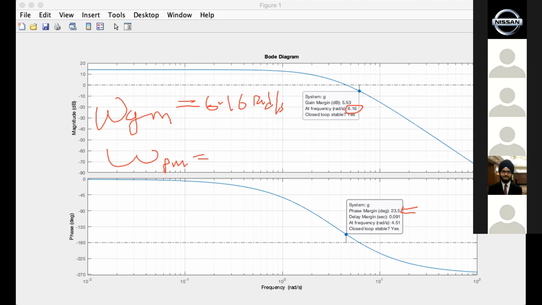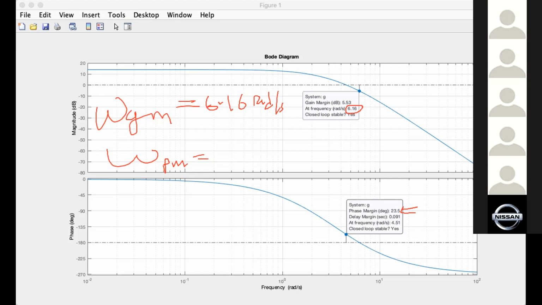Gain phase margin frequency. 6.61. Where did you look? Look at the phase margin. You see, 23.5. What is its frequency? 4.51.